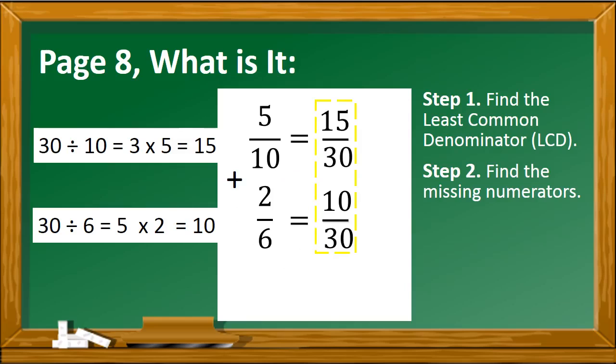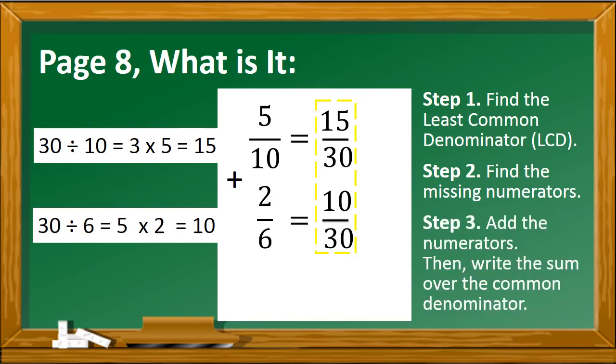Since 15 30ths and 10 30ths are now similar fractions, then we can go to addition. Step 3, add the numerators. So we have 15 plus 10 equals 25. We write the sum over the common denominator. The common denominator is 30.